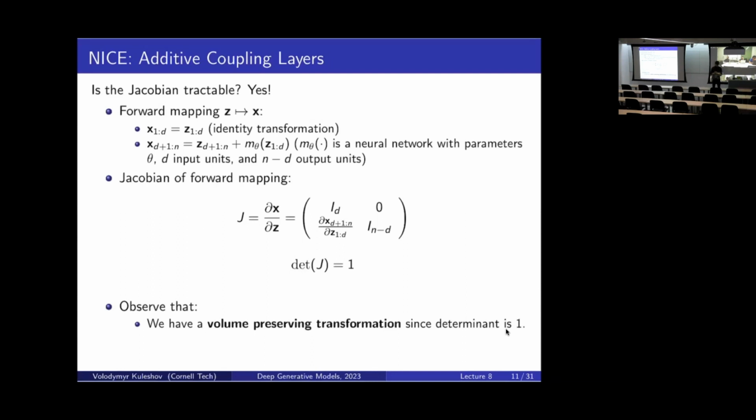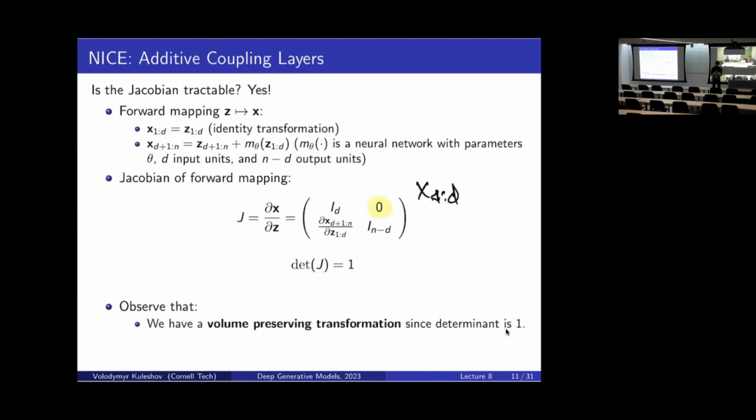Well, this 0 here corresponds to, sorry, this might be a little bit flipped. It corresponds to x from 1 to d.